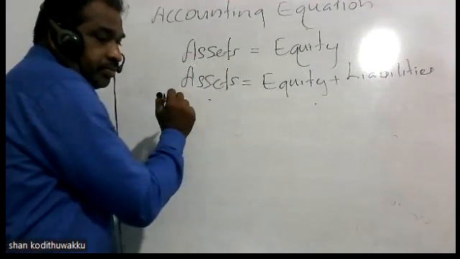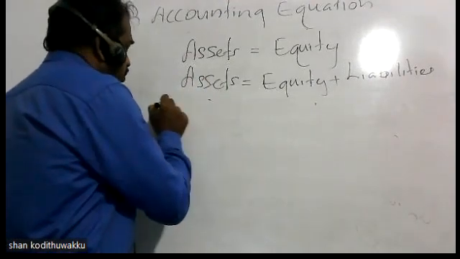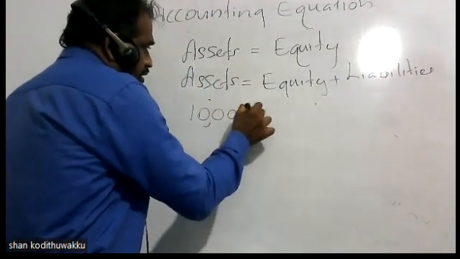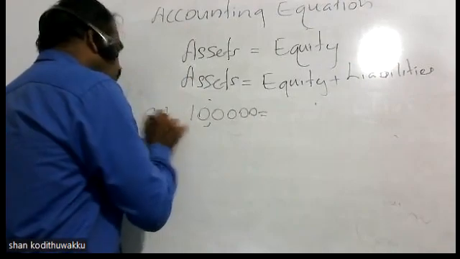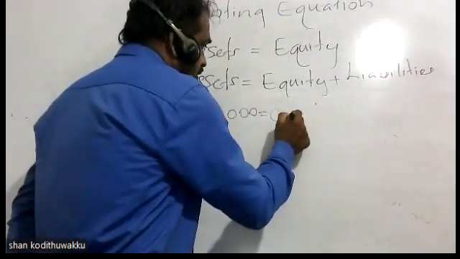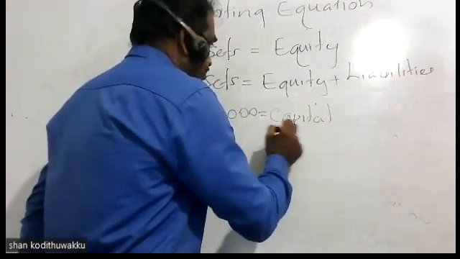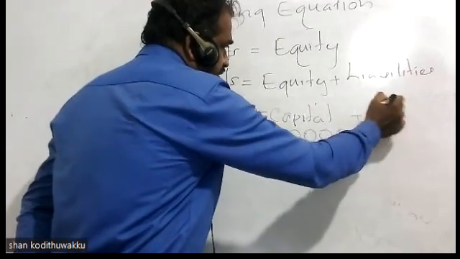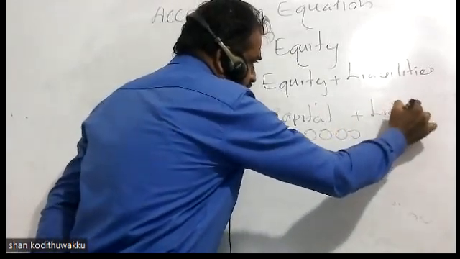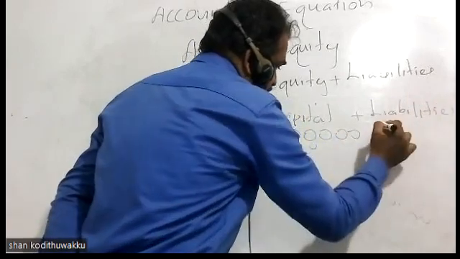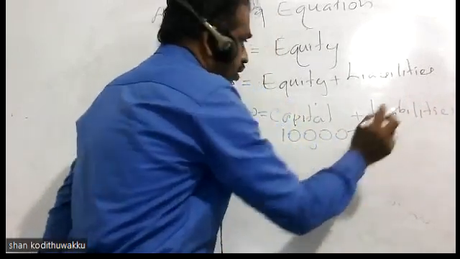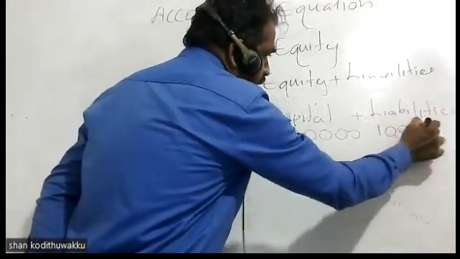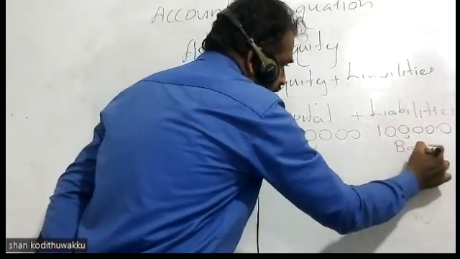Therefore, under assets you can have cash 100,000 equal equity capital 100,000 plus liabilities another 100,000, that is the bank loan.